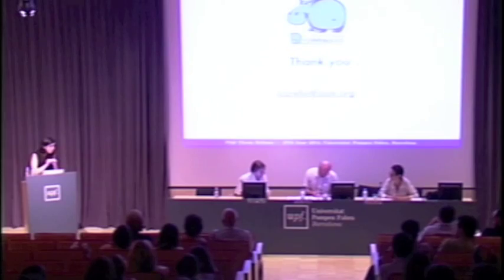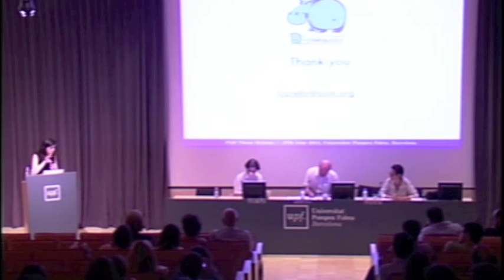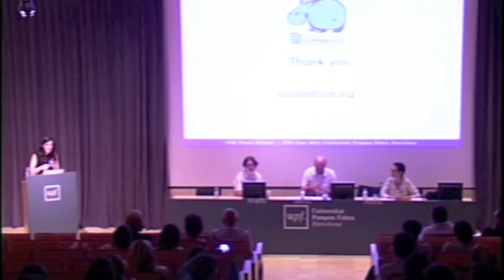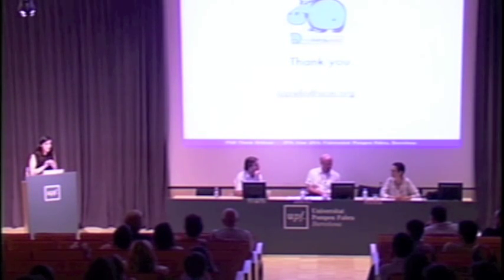So for doing so, we made a linguistic analysis of the errors, and we classified the different kinds of errors. Out of all the errors that we could find in text written by people with dyslexia, we took out all the errors that could be due to typing, so all the letters that are close to each other on the keyboard. Then we took out all the errors that could be due to not knowing the language, so all the B, V errors, all the H, we took this into account.